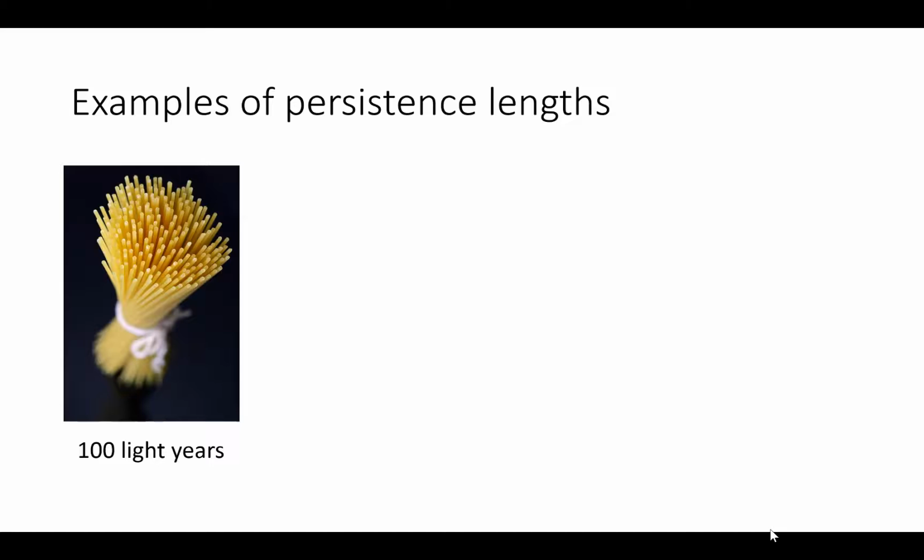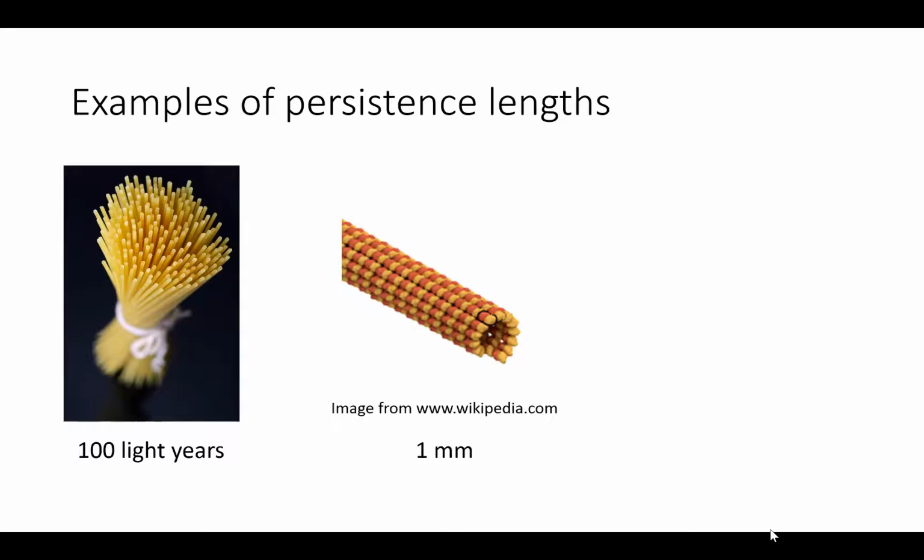If we come back to biological objects that we have talked about in this class, for instance, a microtubule, we can say that a microtubule has a persistence length of about 1 millimeter, meaning it fluctuates only a little due to thermal forces in a cell. On the other hand, an actin filament has a persistent length of about 10 micrometers, and it loses its initial direction rapidly if it is free to fluctuate.